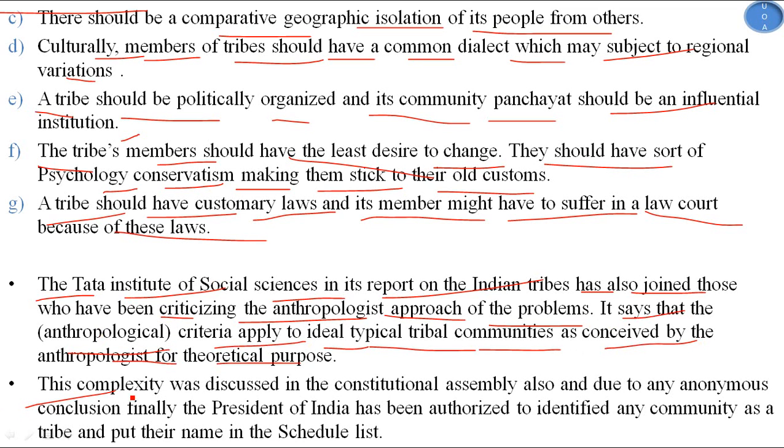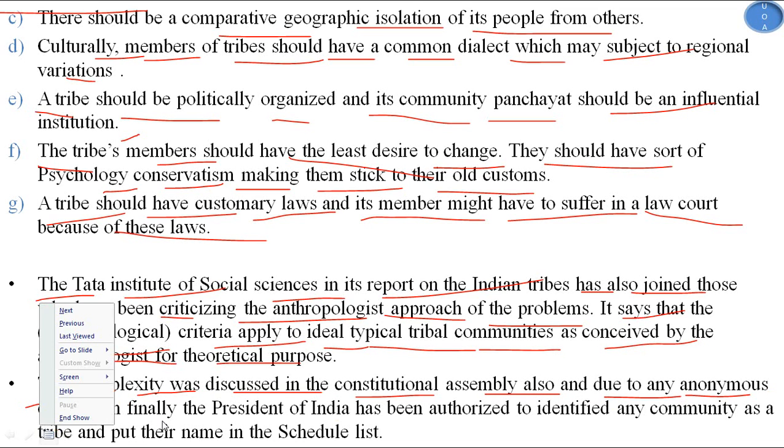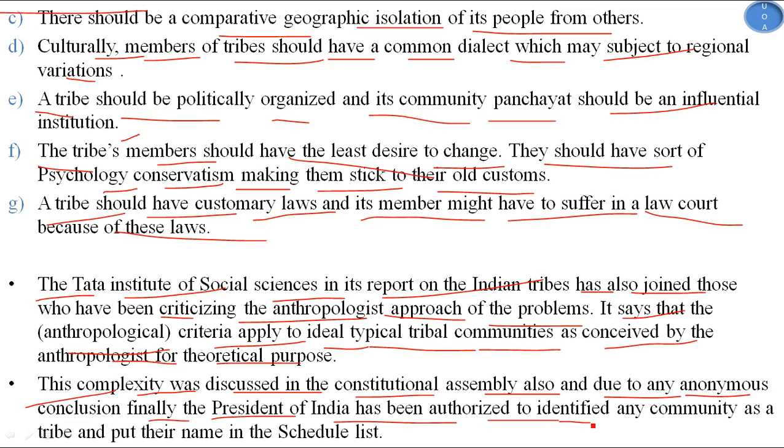Finally, we can say that this complexity was also discussed in the Constituent Assembly, and due to the anomalous conclusions, the President of India has been authorized to identify any community as a tribe and put its name in the Schedule list.